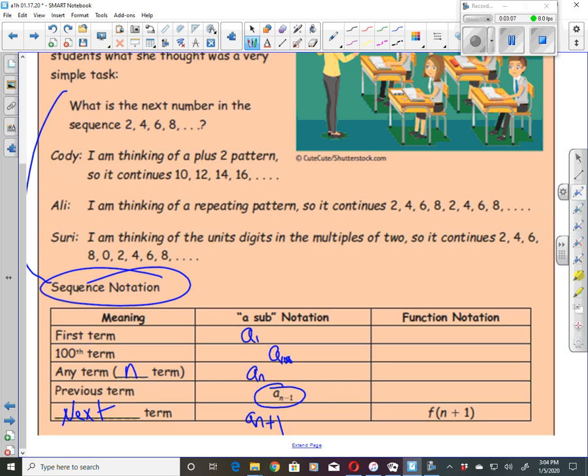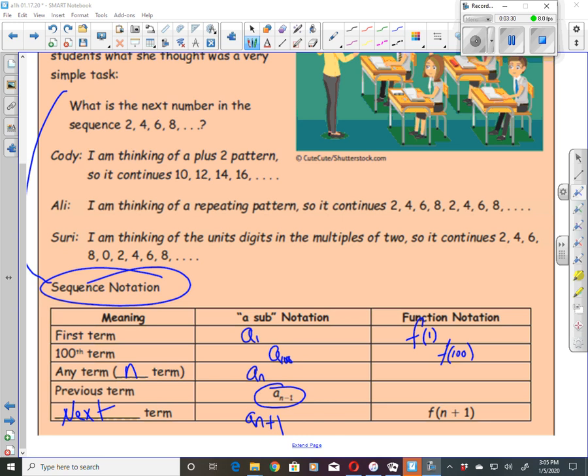That is what is normally looked at. For our purposes, we're going to also look at function notation. Function notation would be f of 1. The 100th term would be f of 100.